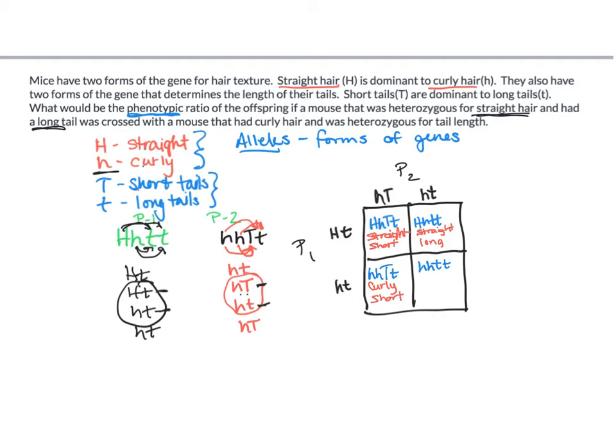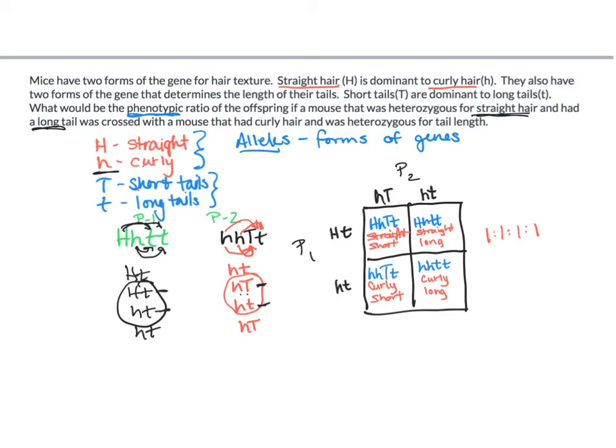And here we have curly and long, right? So we have straight short, straight long, curly short, curly long. So if we wrote this out in terms of ratio, it would be 1 straight and short to 1 straight and long to 1 curly and short to 1 curly and long. Okay?